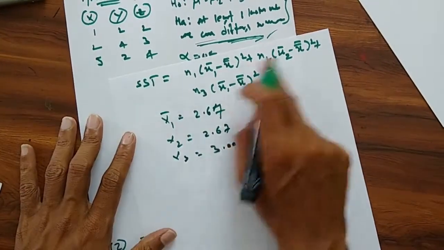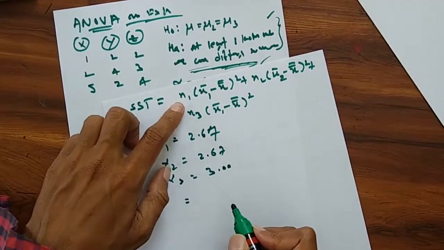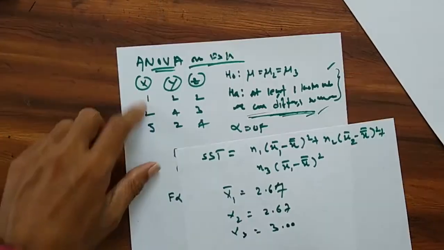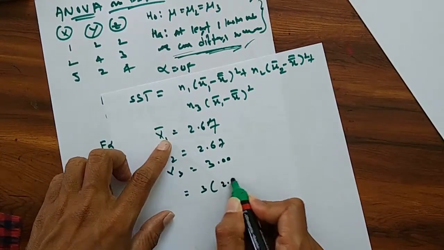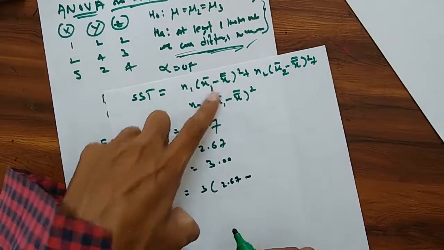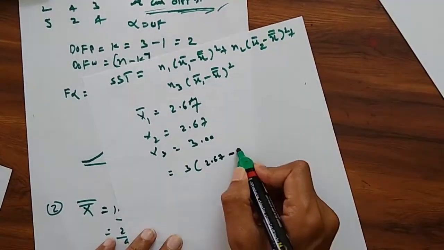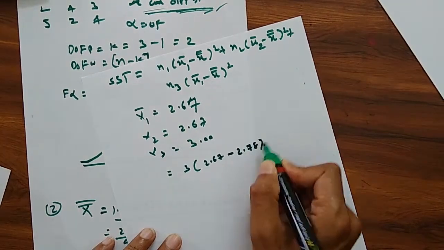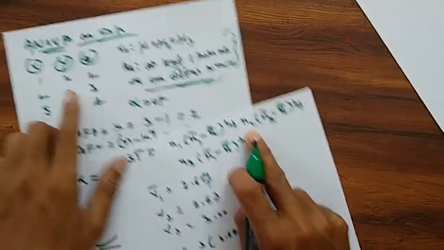Okay, now we will substitute in this SST equation. Our sample 1 n1 is 3, right? 3 multiplied by x1 is 2.67 minus our grand mean value 2.78 whole square, plus second, n2, our second sample size is 3.